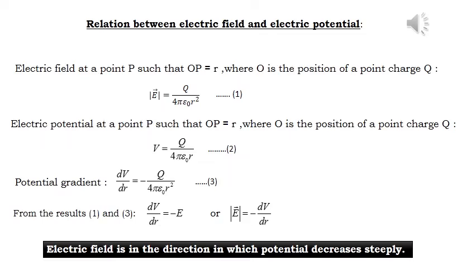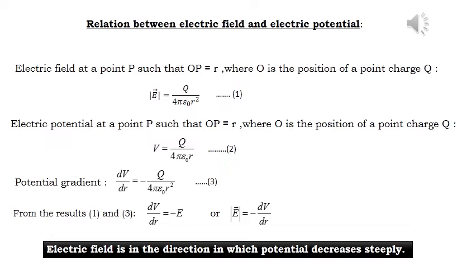The electric field at a point due to a source charge q is mathematically q by 4 pi epsilon naught r square, and the electric potential at a point due to the source charge Q is V equals q by 4 pi epsilon naught r. So these are result 1 and result 2. The first result is the electric field at a point, and the second is the electric potential at the same point.